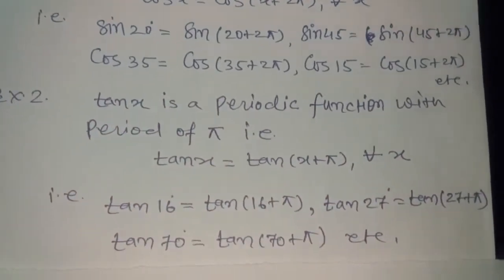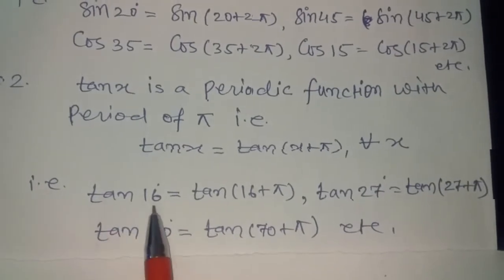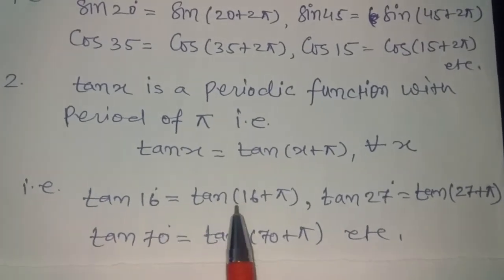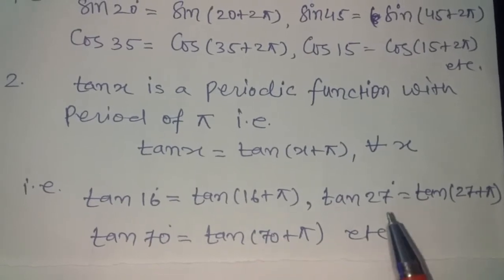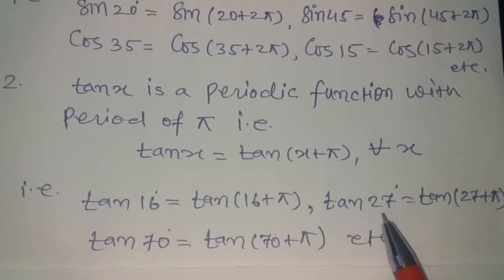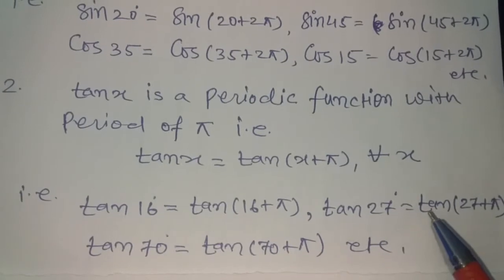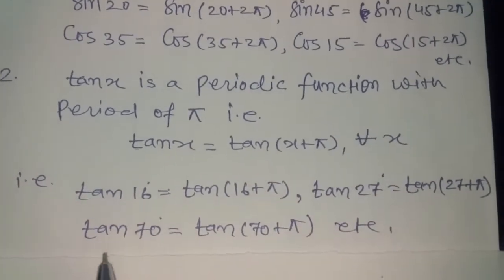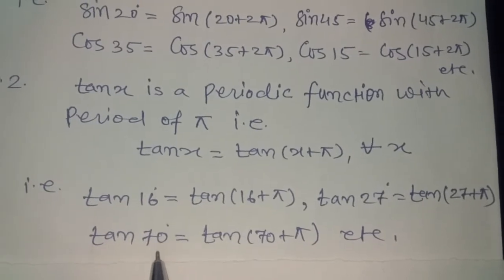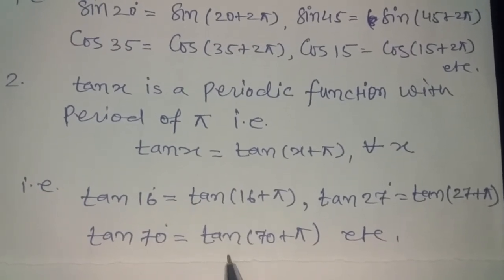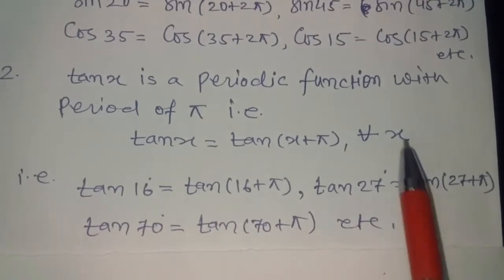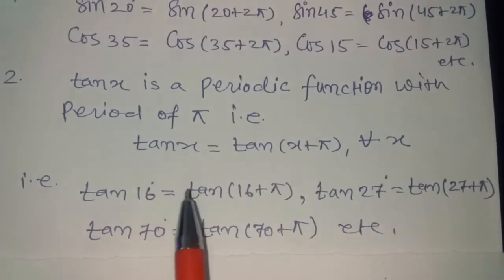In particular, tan 16 degree gives the same value as tan(16 + pi). Tan 27 degree gives the same value as tan(27 + pi). Tan 70 degree gives the same value as tan(70 + pi). So tan x is a periodic function with period of pi.